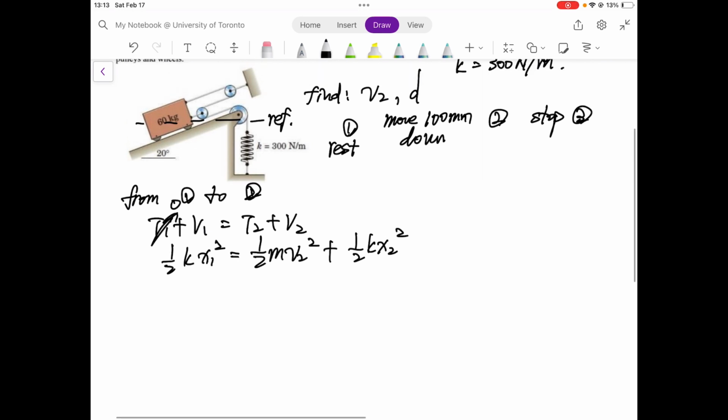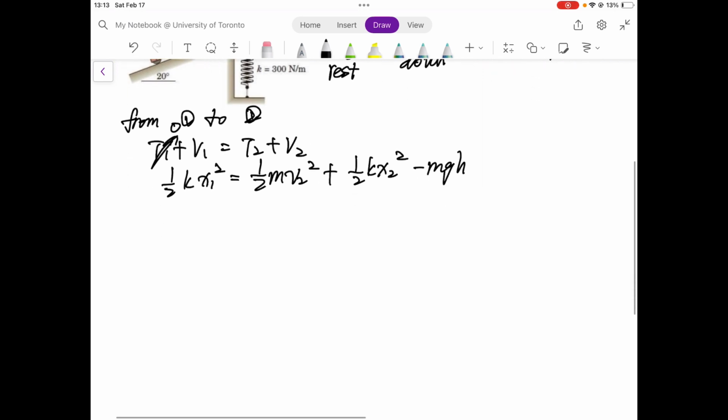Because the cart has moved down the incline, the gravitational energy will be negative mgh. So x1 is equal to 0.025 meter.